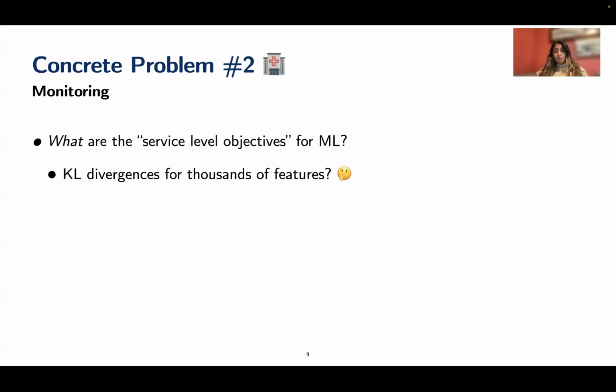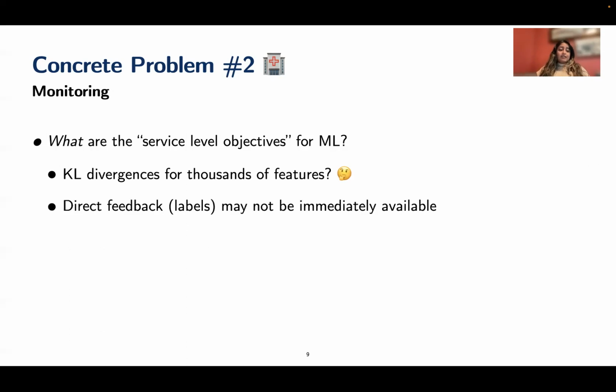But this can contribute to a lot of alert fatigue and doesn't quite tell you if your actual overall holistic model performance is going down. And something that complicates coming up with a real-time SLO, maybe such as precision or recall, is the fact that direct feedback or labels might not immediately be available. So how do we estimate real-time performance at any given point in time?